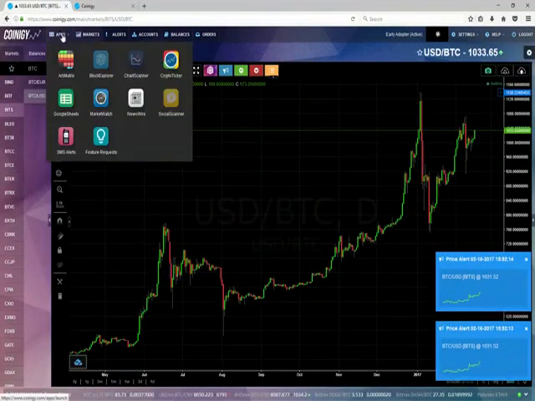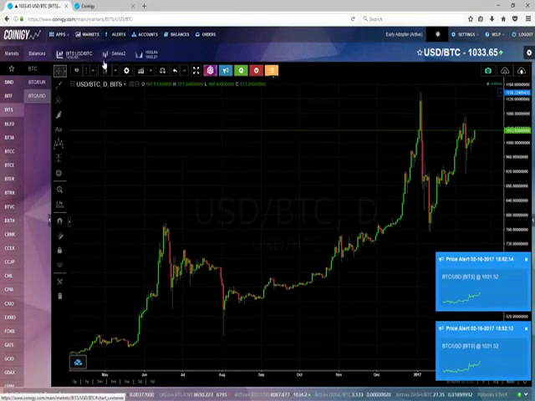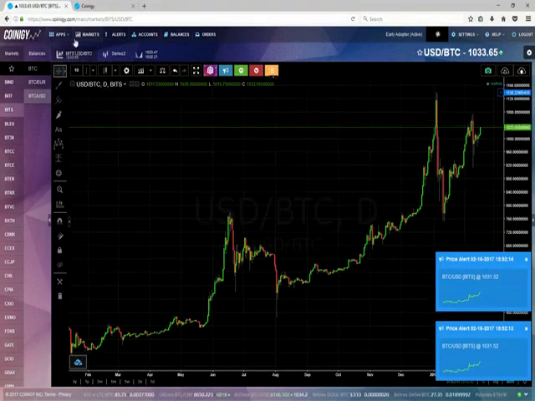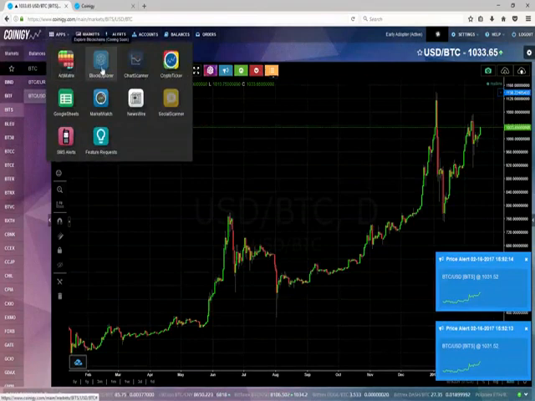Other apps that we have, you can look at Block Explorer. So Block Explorer is just Bitcoin transactions. Oh, sorry, it's coming soon, so that's not available yet. Newswire. So this kind of shows you all kinds of various different news events. They have Google Sheets.